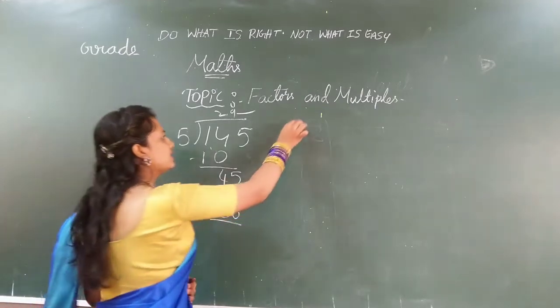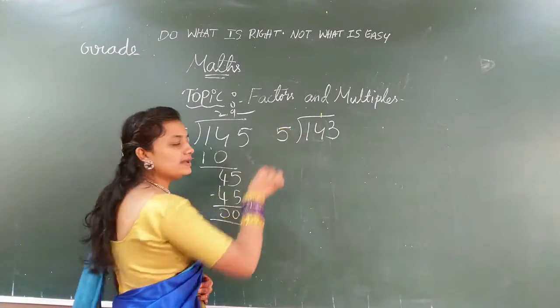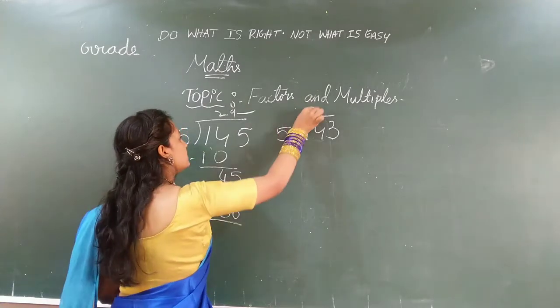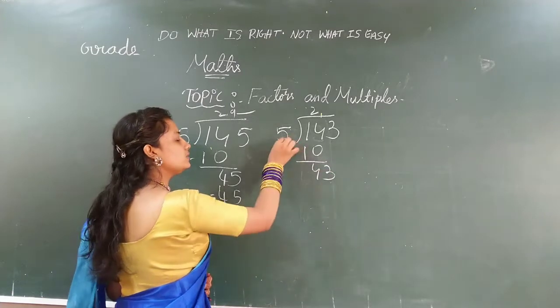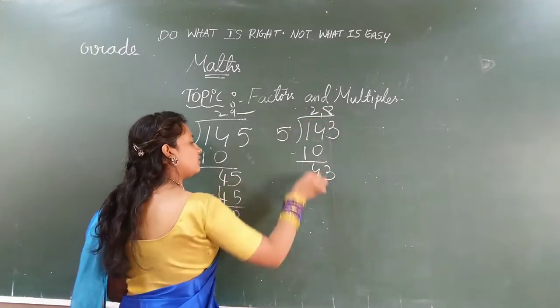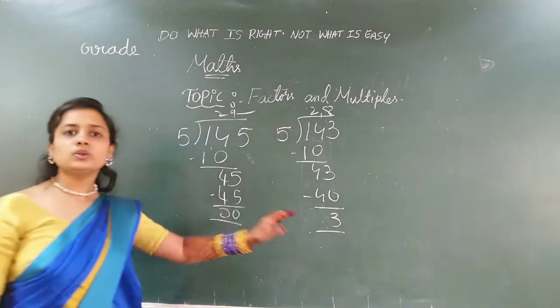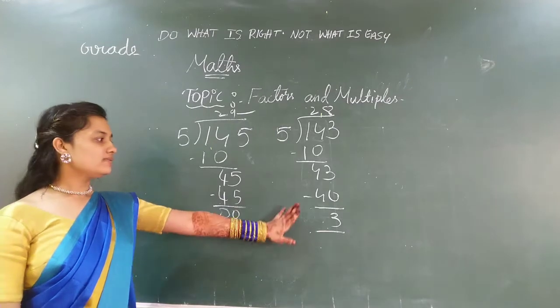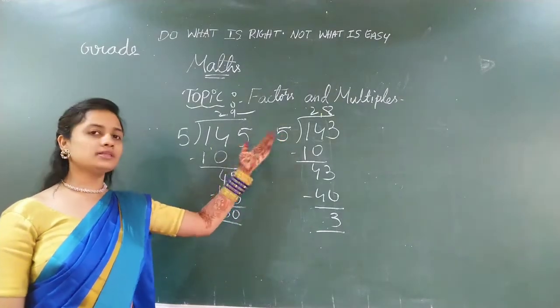Now let me take another number and ask you to divide it by 5. 5 twos are 10. And do you get 43? No. 5 eights are 40, and 3 is the remainder. Now I don't want a remainder. If there is a remainder like this, I don't want to divide it; I will divide it with some other number.